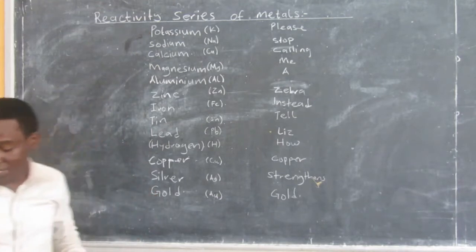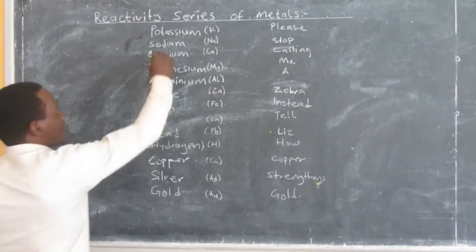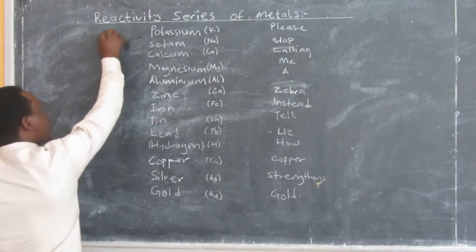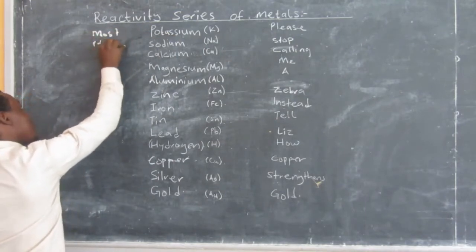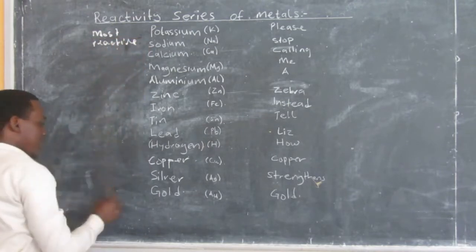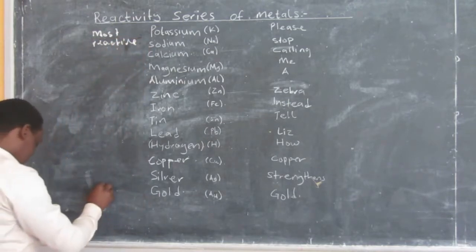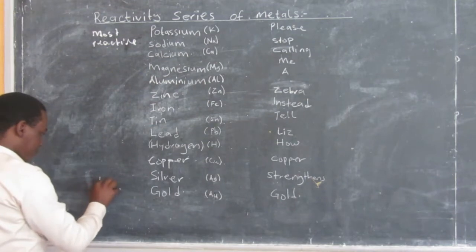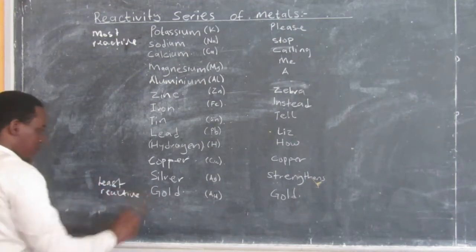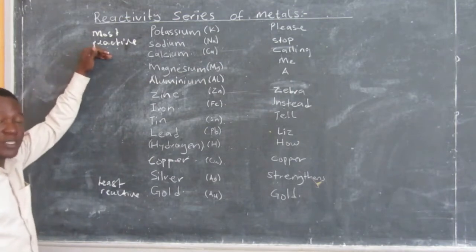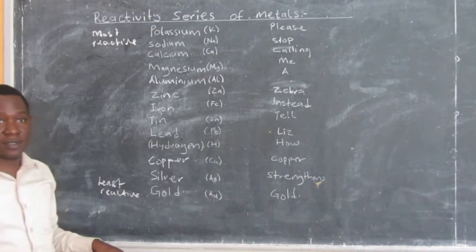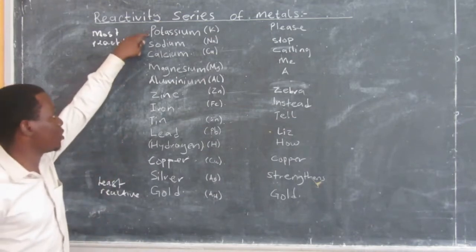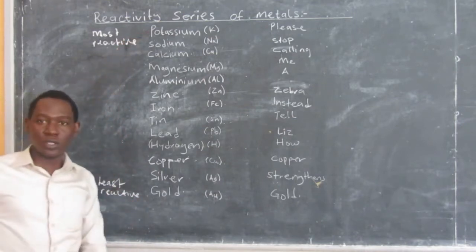The elements which are up this side, we shall call them most reactive, and the elements which are down here, we shall call them least reactive. The higher the position of the element, the more reactive it is, and the lower the position of the element, the less reactive it is. Meaning that potassium is more reactive than gold here.